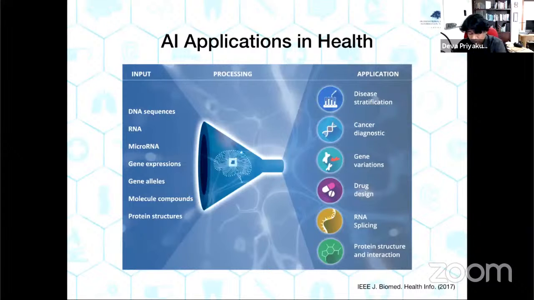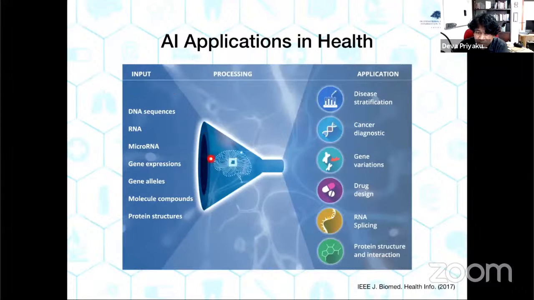This picture nicely gives an idea of how artificial intelligence can be used for different healthcare applications. On the left, what you have are the different kinds of data. These are not the only ones; of course, you have a large number of other data relevant in healthcare, but just some examples.